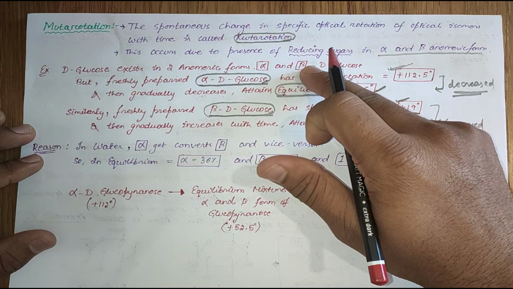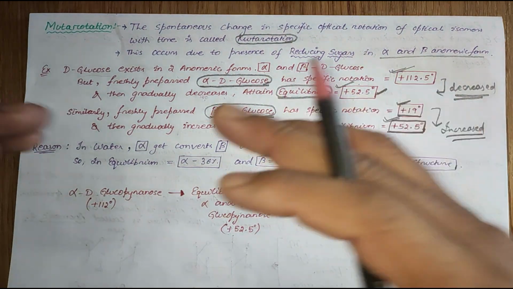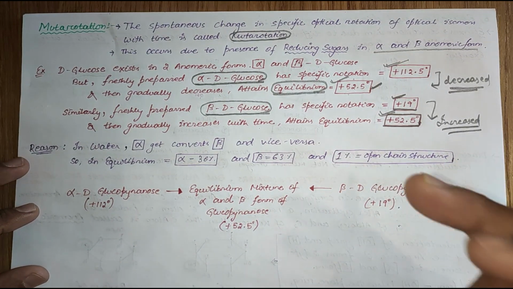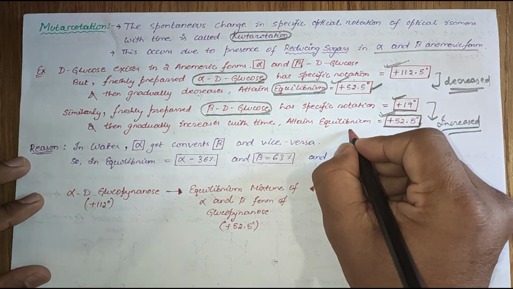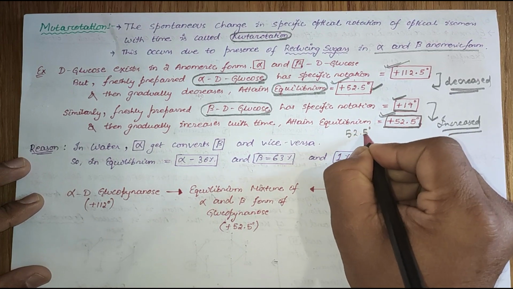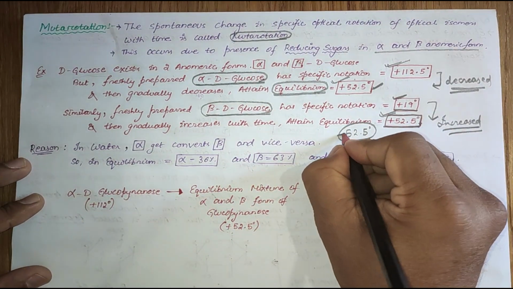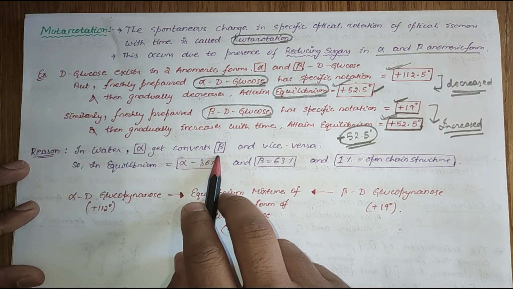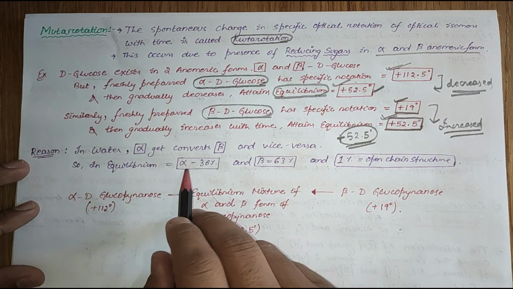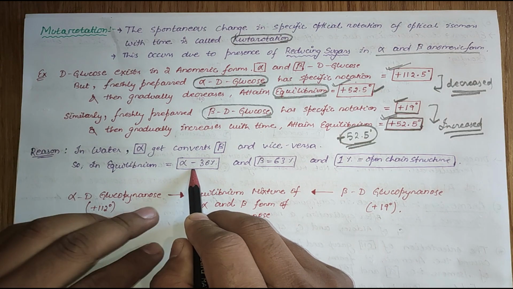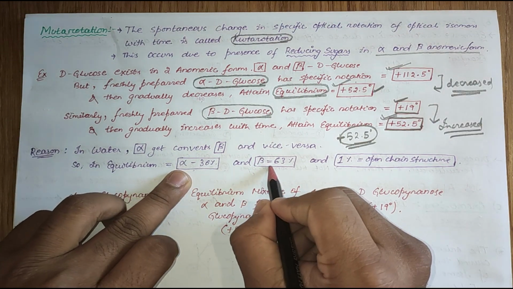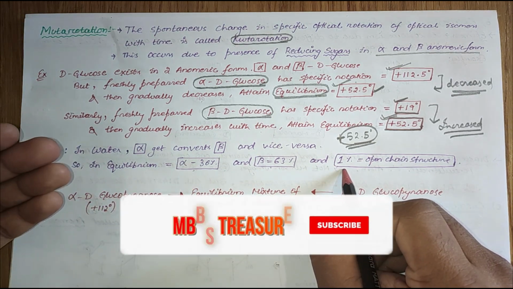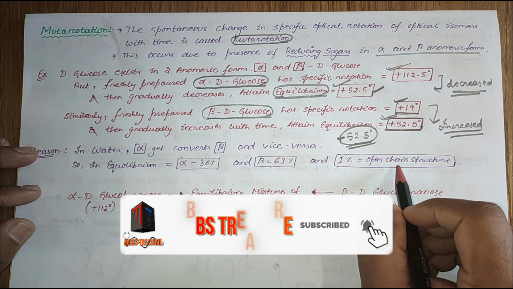Because the alpha structure and beta structure get converted to each other and attain the equilibrium, and in equilibrium they attain 52.5 degrees of optical rotation, plus meaning dextrorotatory. So in water, alpha gets converted to beta and vice versa. So in equilibrium, alpha is present at 36% and beta structure at 63%, and the remaining one percent is the open chain structure of glucose.